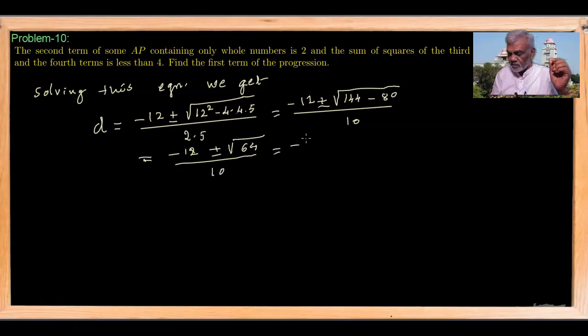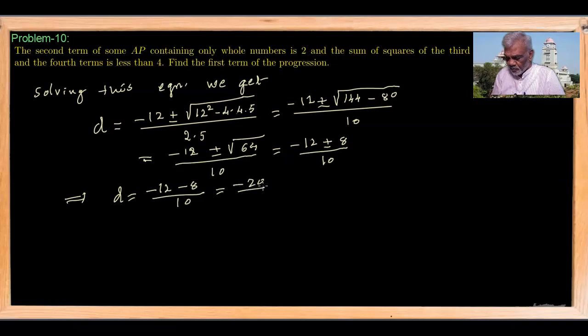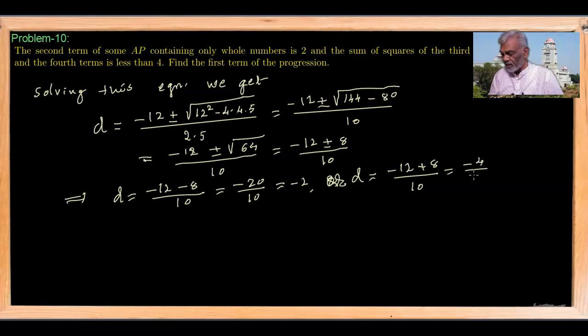That equals minus 12 plus or minus 8 divided by 10, and this implies D is equal to minus 12 minus 8 divided by 10, that equals minus 20 by 10 equals minus 2, and D is equal to minus 12 plus 8 by 10 is equal to minus 4 by 10 equal to minus 0.4.